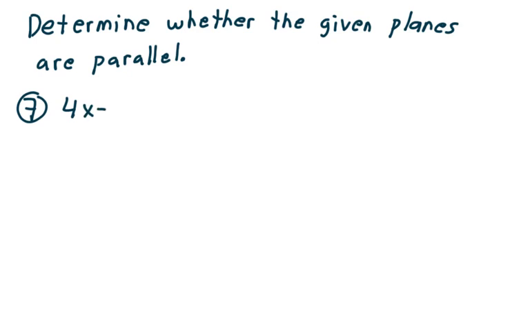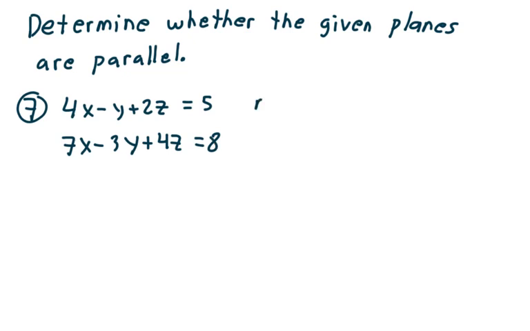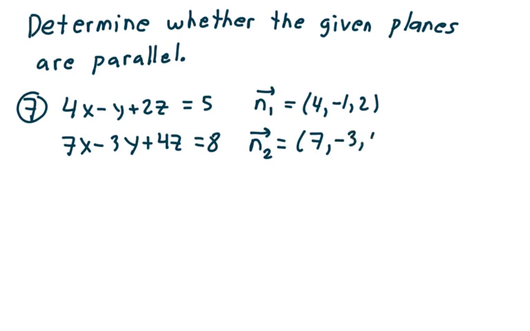I have the plane 4x minus y plus 2z equals 5. And then I have 7x minus 3y plus 4z equals 8. Now, n1 is equal to the vector (4, -1, 2). And then that's for the first plane. n2 is the vector (7, -3, 4).